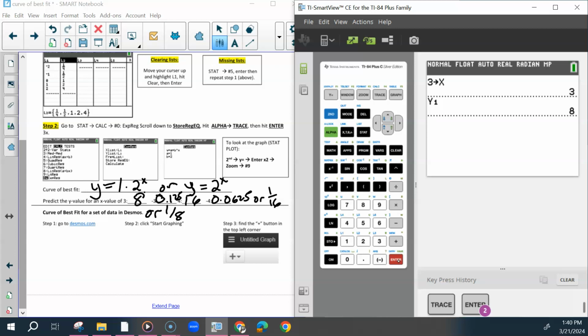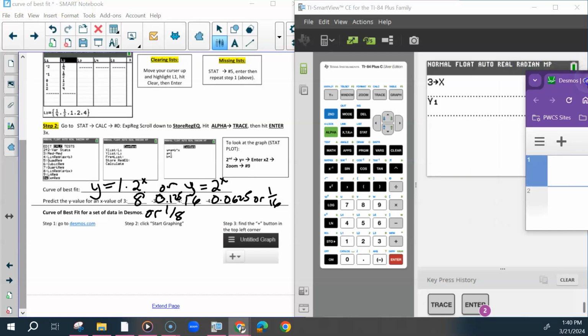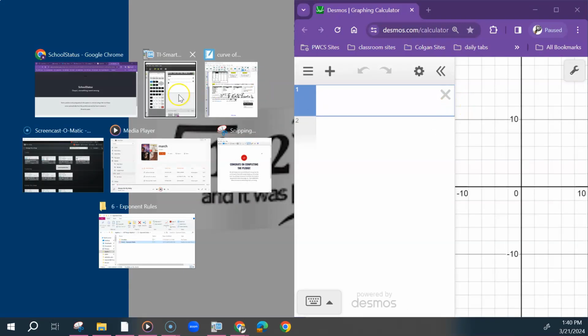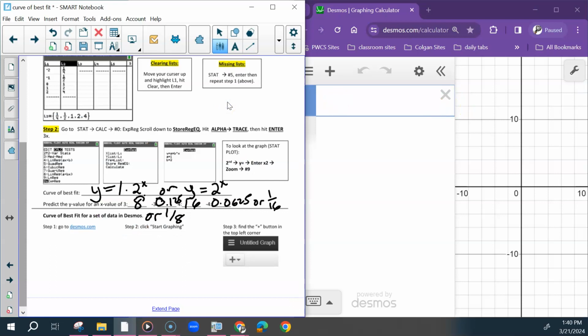Then in Desmos, just like with linear regression and quadratic regression, it's easier in Desmos, same thing here.